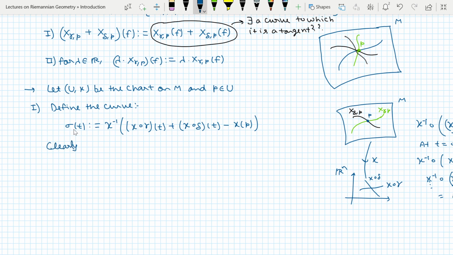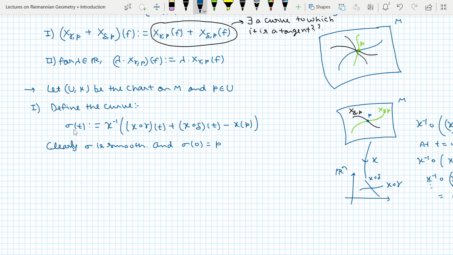Now first thing, clearly σ is smooth. Why? Because by construction x of γ is smooth, x of δ is smooth, x inverse is smooth, and we know the addition of smooth functions is smooth, and composition of smooth functions is smooth, so σ is smooth. So that's okay. And we have already done the calculation that σ(0) is equal to p.